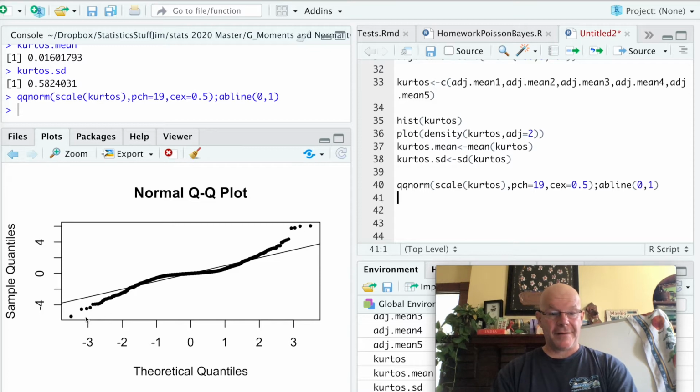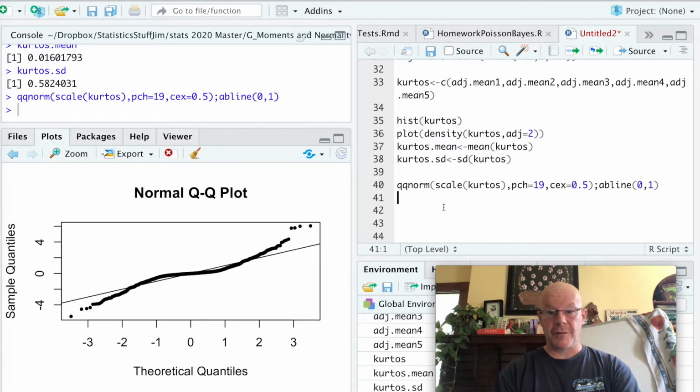And that's telling us that we have more extreme negative values than theoretically would be predicted. And here we're going above the theoretical prediction, now below, and now above. So we have this serpentine kind of pattern of what our data look like compared to the theoretical expectation.